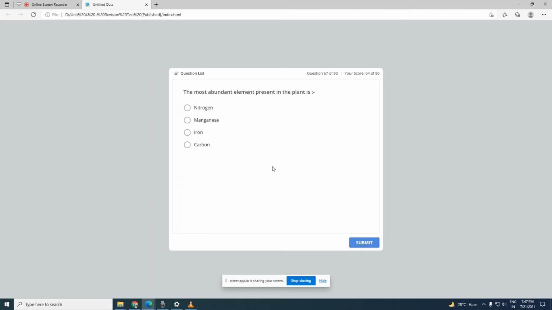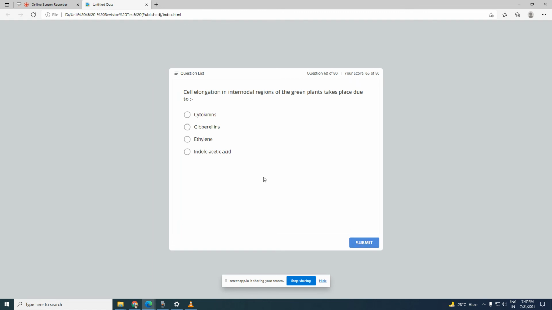The next question, the most abundant element present in the plant is nitrogen, manganese, iron, carbon. Carbon is the right answer for this question.